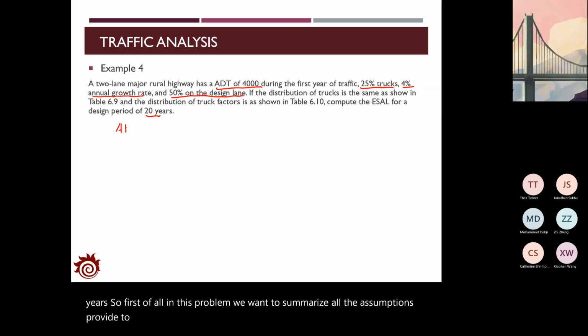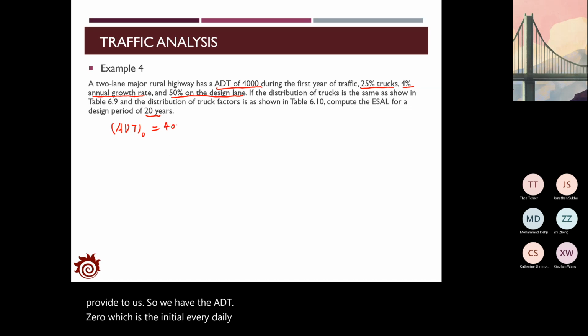We have the ADT0, which is the initial average daily traffic, as 4,000. We have the percentage of trucks as 25, and the annual growth rate as 4%. And also we have the lane distribution factor as 50% for the design lane.